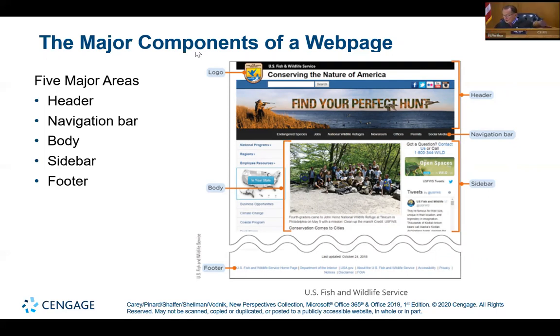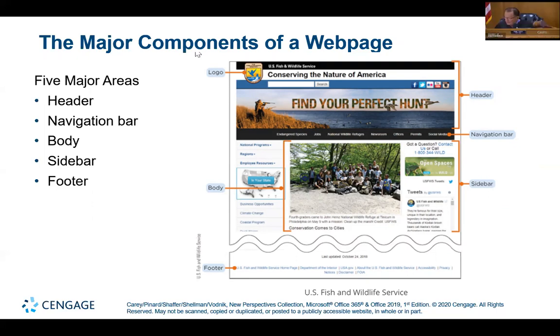In the very center section of this particular web page, you have the body. The body sometimes will have a picture and maybe a caption underneath, or maybe it holds certain information for you, like phone numbers and addresses for the particular business. On the side, you'll see that there's two sidebars set up.